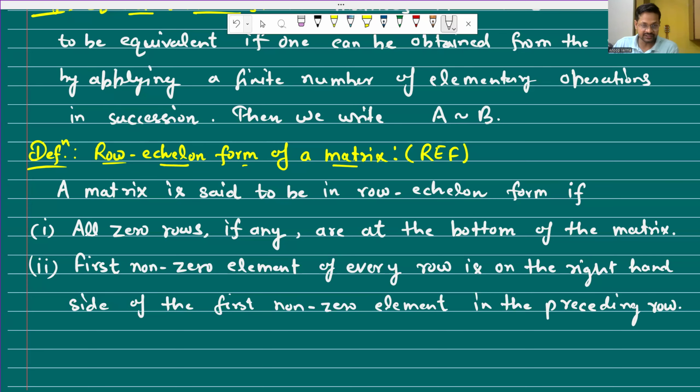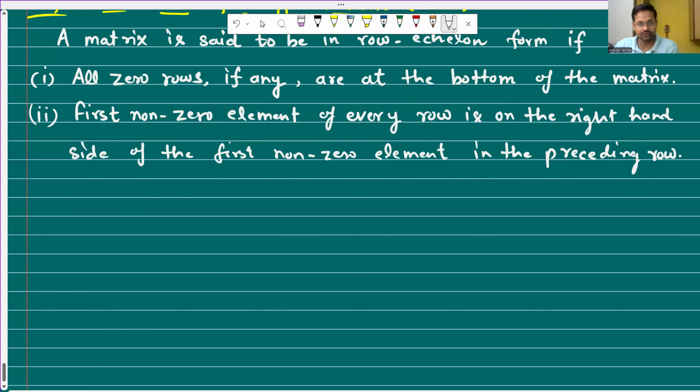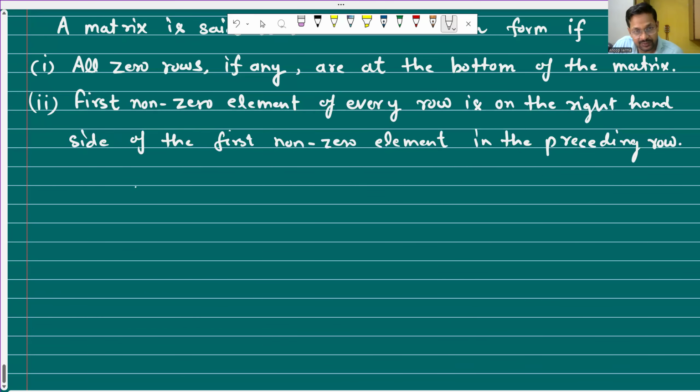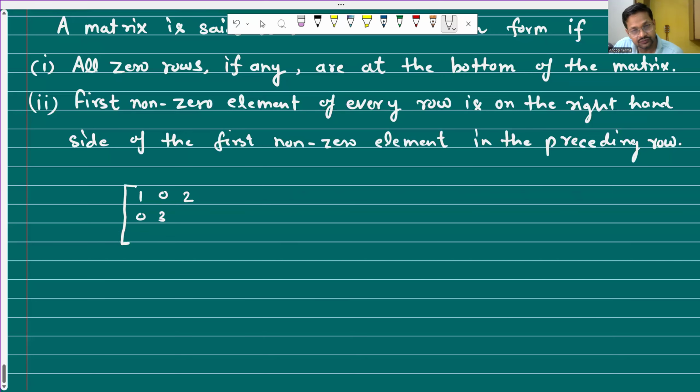Okay, so let us write some examples which are row echelon matrices। तो यहाँ पर आप ध्यान दीजिएगा, if I am writing a matrix like this, 1 0 2, 0 3 5, 0 0 0, so this is a row echelon form, it satisfies both conditions.